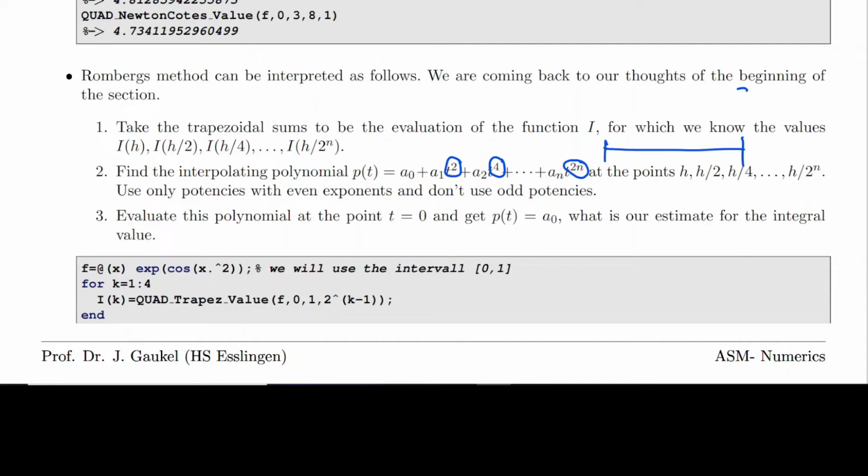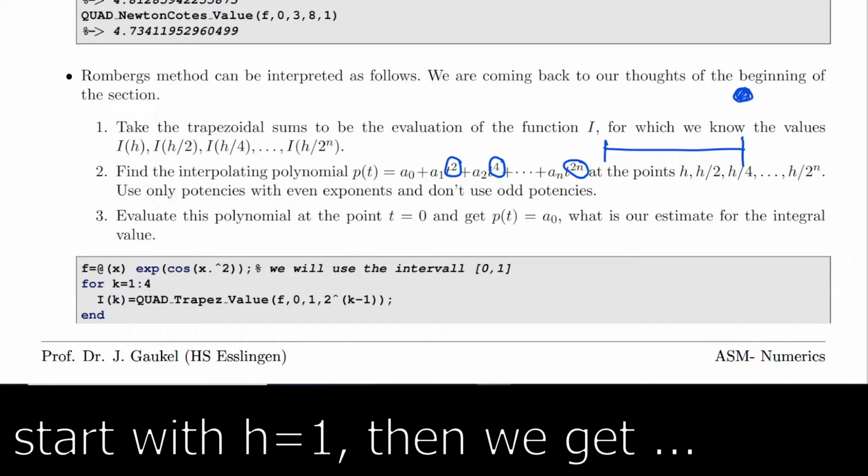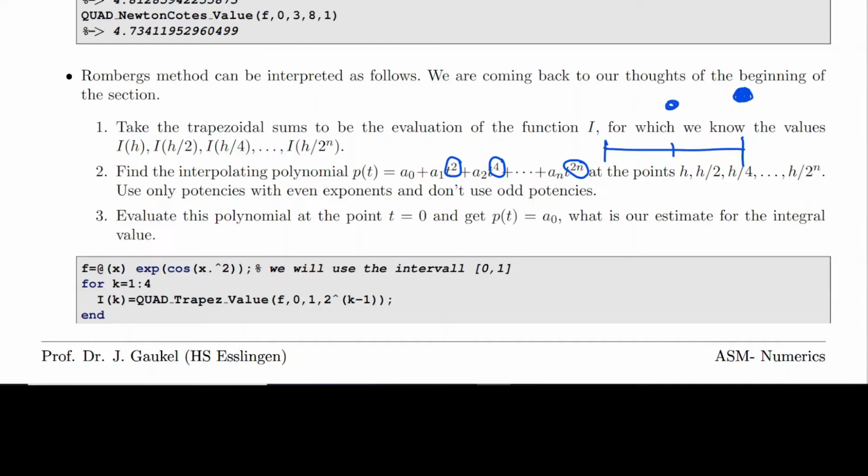Let's say we start with h is a half, then we get a trapezoidal value, then take a quarter, h to be a quarter, take a new trapezoidal value, then interpolate these values, and then evaluate at position 0. We do the interpolation with a polynomial, and in this polynomial there are no odd coefficients, no odd potencies, so this is an idea we can follow.